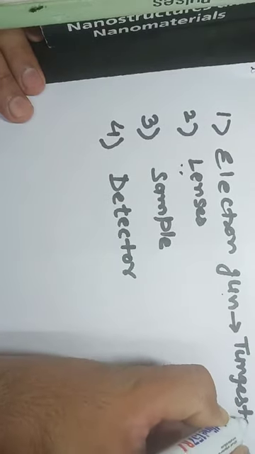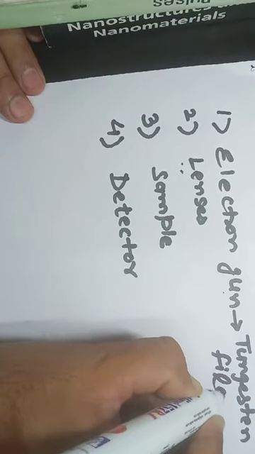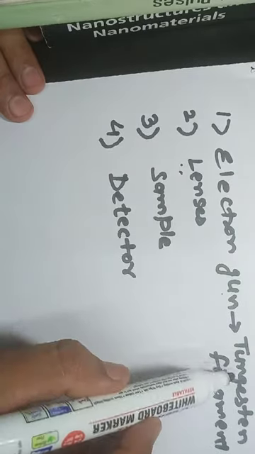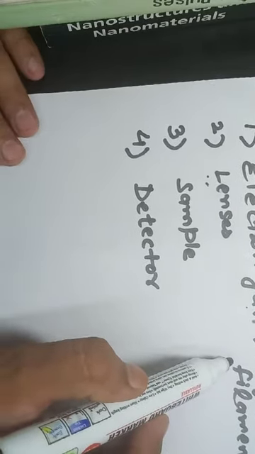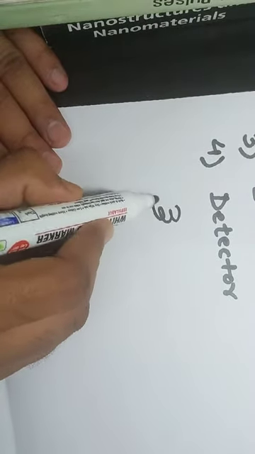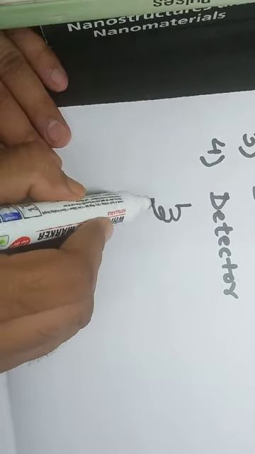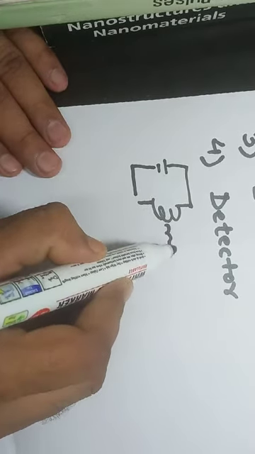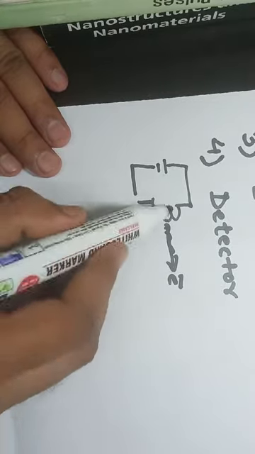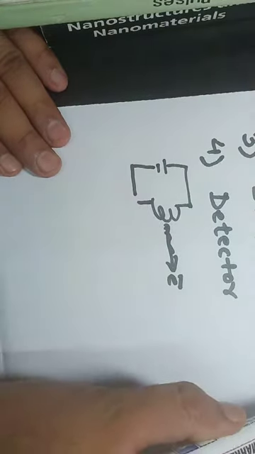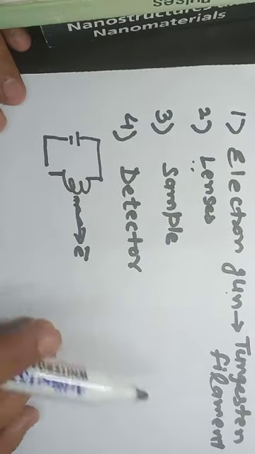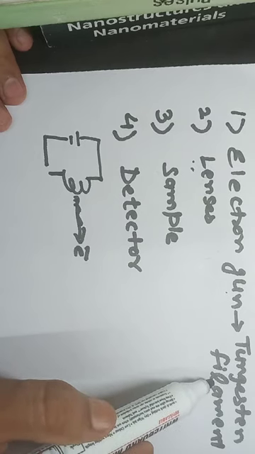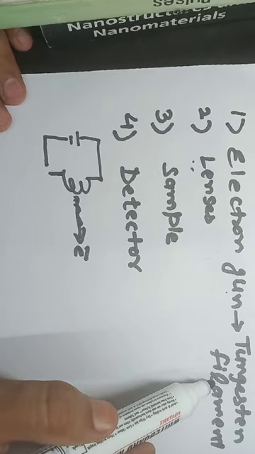If you have a filament like this and apply a particular bias to it, there will be the emission of the electrons from here, because this material, the tungsten filament, is basically a low work function material which can emit the electrons in this case. So low work function, what is work function?